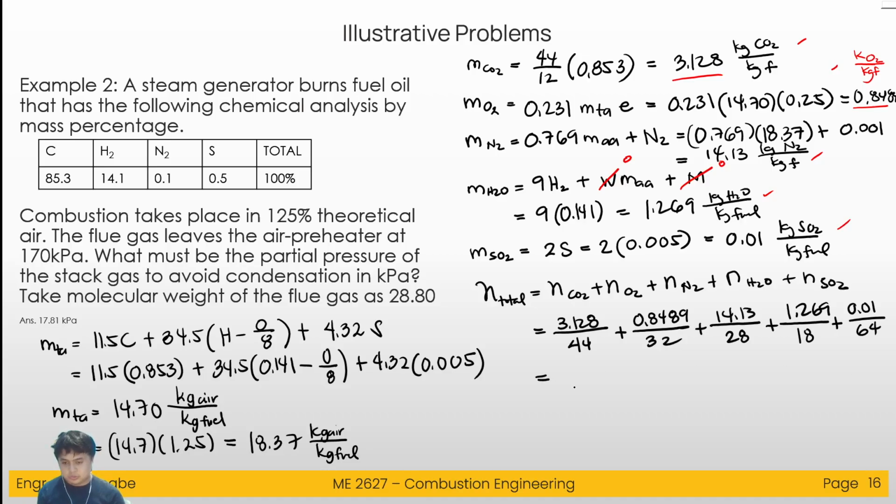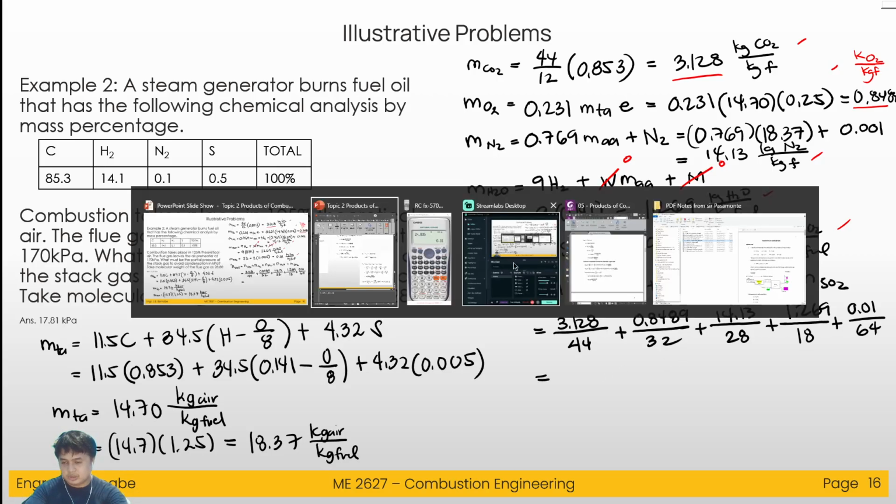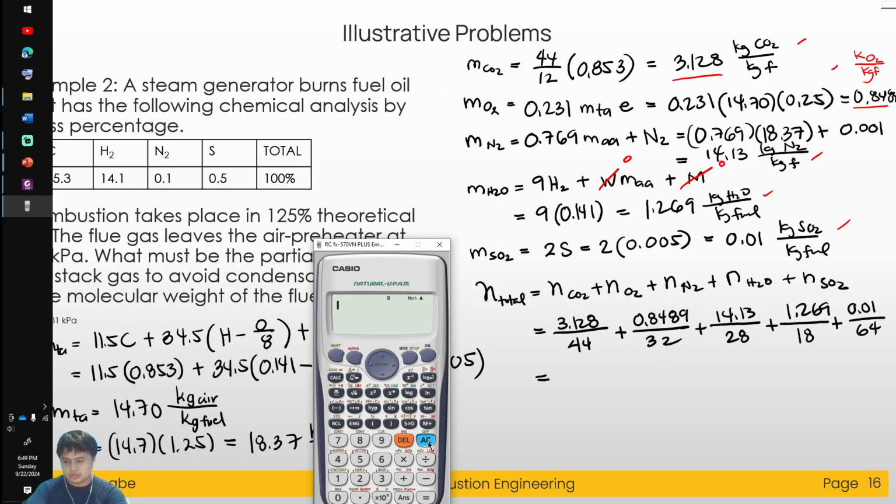So the total number of kilomoles per kilogram of fuel, no? Kilomole. So I'll just write this down. 3.128 over 44, plus 0.8489 over 32, plus 14.13 over 28, plus 1.269 over 18, then plus 0.01 all over 64.